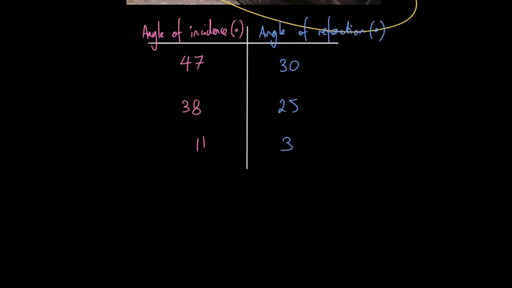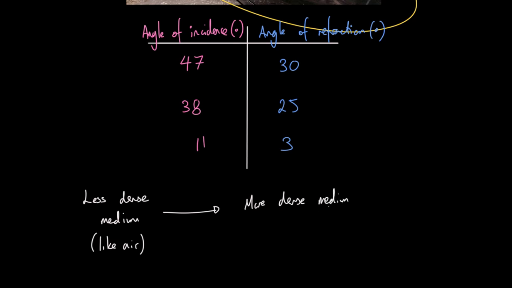So what you can see here is when a ray of light moves from a less dense medium, like air, and it moves to a more dense medium, like glass, what you see is that the ray of light bends towards the normal.